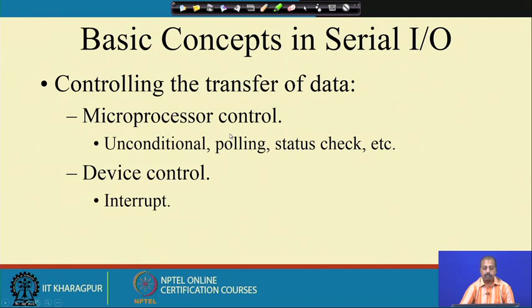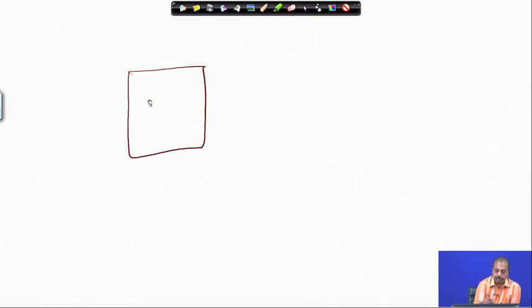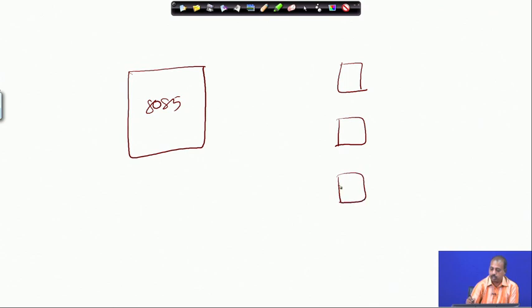This will be true when we are interfacing using normal operation. Suppose we have the 8085 microprocessor, and we have connected a number of devices: D1, D2, D3 like that.